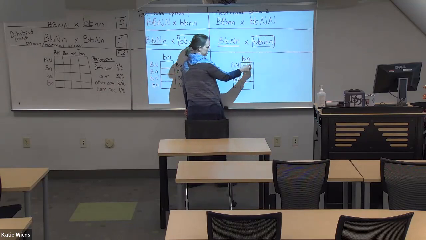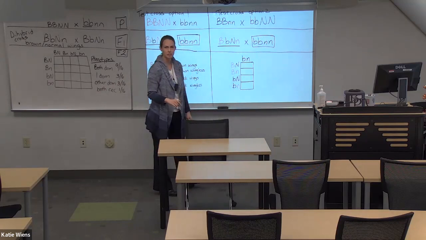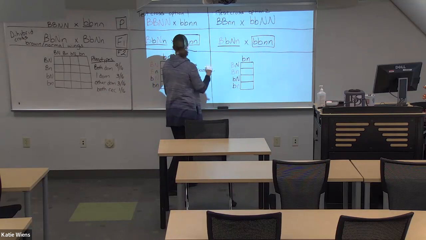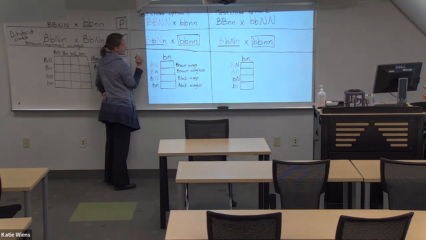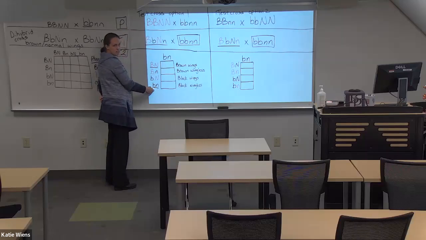That way we trim down our Punnett square into just the 4 options instead of 16 options. And when we do that, we have our possibilities here when the maternal, the red ones here, are staying together from that P generation, and the recessive ones over here are staying together.